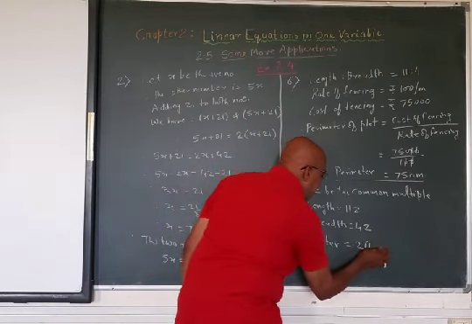Therefore, 750 equal to 2 multiplied by 15z.